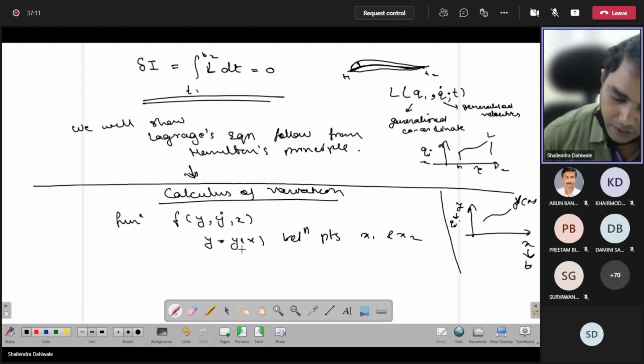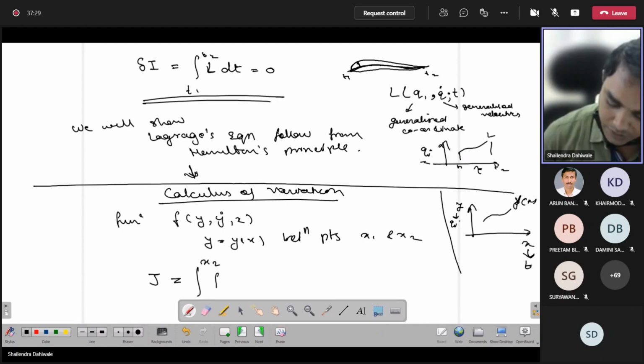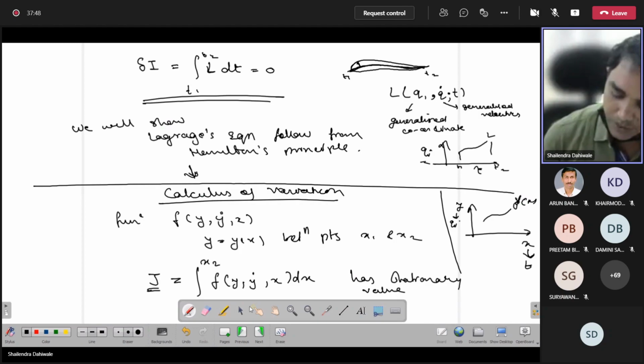We want to find the path y of x such that the line integral J of the function f between x1 and x2, the integral of f of y, y dot, and x dx, has a stationary value.